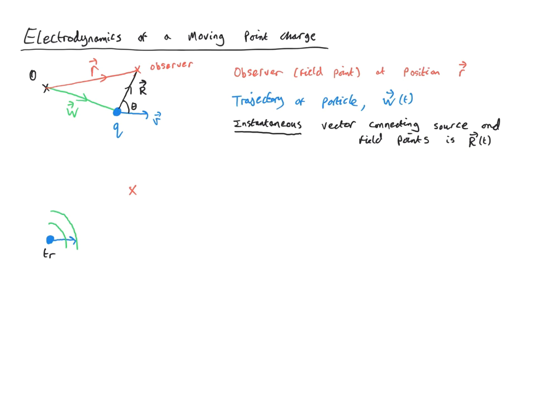At a later moment in time, the particle has moved over here. I'll draw this with an open circle to indicate that it's a later point in time. And it's still emitting the radiation. But the original radiation at this later time has now also moved out. And then as the particle moves another step in the next instant of time, the original radiation again continues to move out, and so on and so forth.